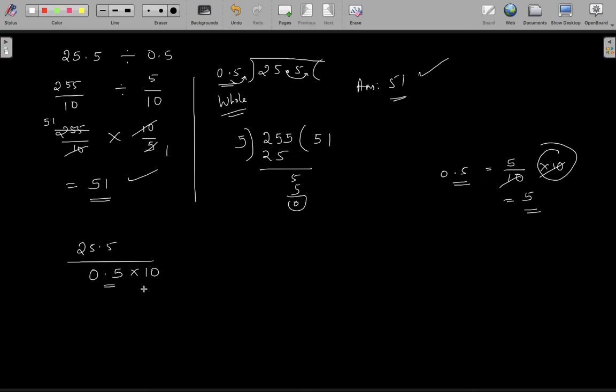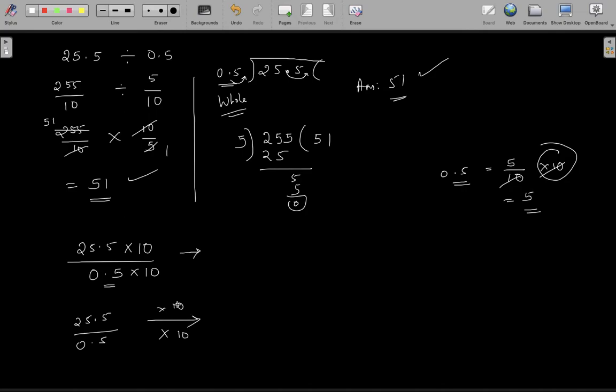Because I cannot simply multiply any number with any number, when I am multiplying 0.5 by 10, I will multiply the numerator also by 10. In other words, I am converting the fraction 25.5 by 0.5 to its equivalent fraction by multiplying both the numerator and denominator by 10. My first aim is to convert this denominator into a whole number. That could be done by multiplying by 10.